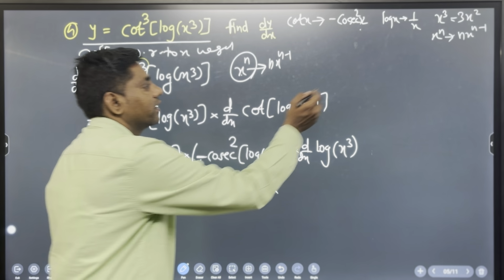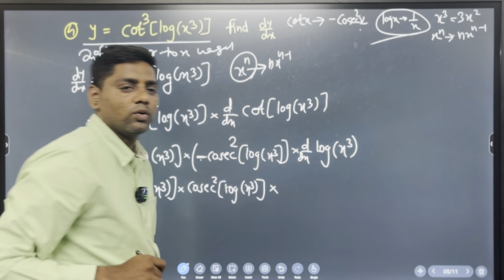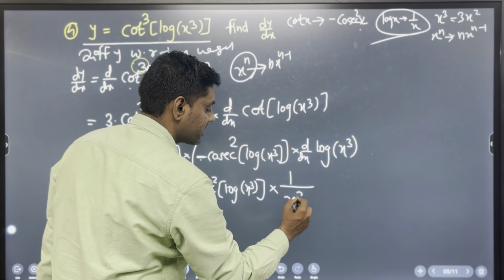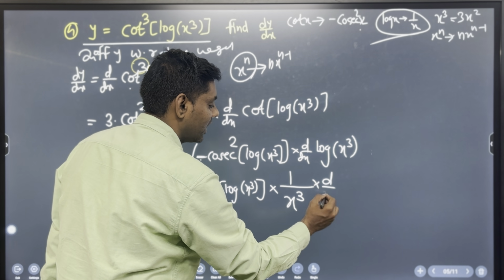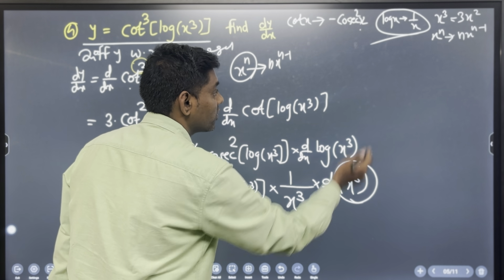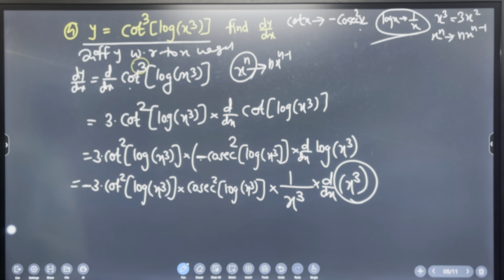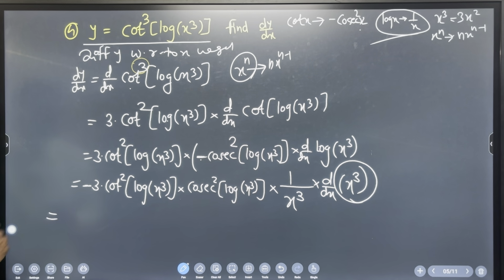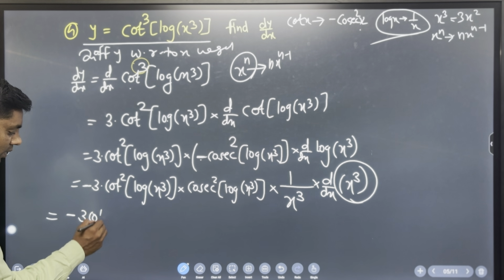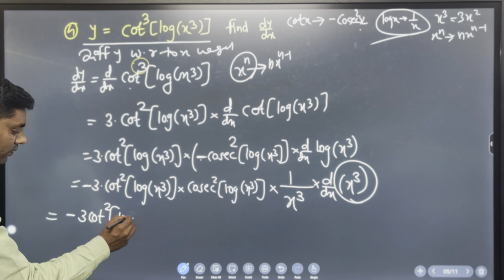We already wrote the log derivative is 1 upon x. So according to that, its derivative is 1 upon x cube. Again take the derivative of that function, x cube, and we already wrote that it is 3x square. So the final answer is minus 3 times cot square.